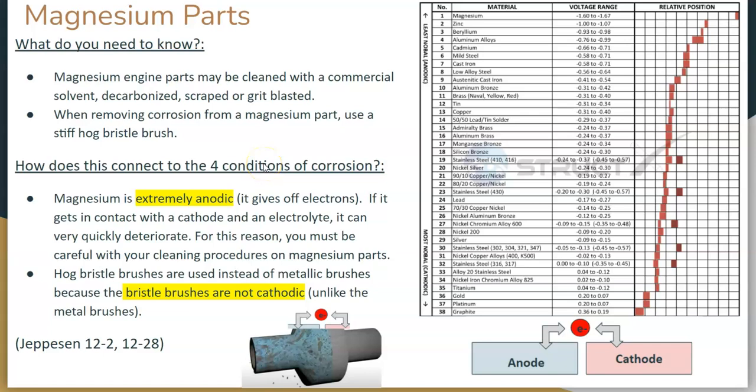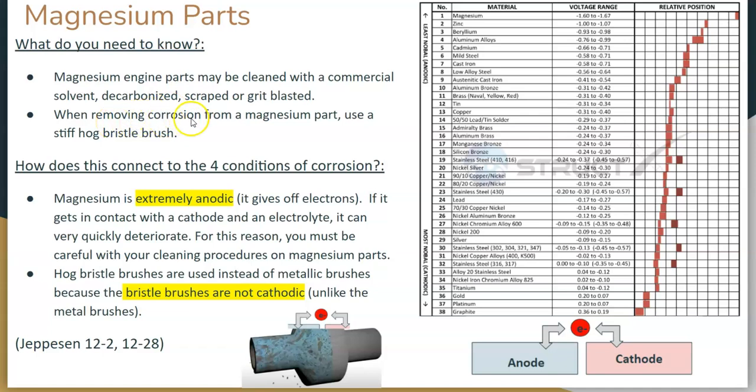Magnesium. There are a number of magnesium parts that you'll find on an aircraft. As you learned in the previous lesson, it's very anodic, which means it's extremely corrosive. It means it has the potential to be corroded. So for that reason, there are special procedures that need to go on with magnesium parts. First of all, it needs to be cleaned with a commercial solvent that's decarbonized, scraped, or grit blasted.